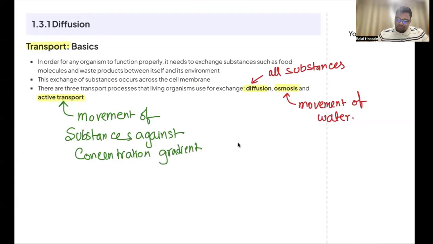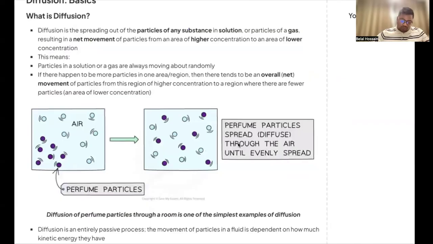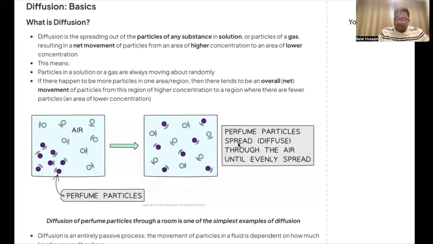Okay. So let's go through them one by one. First of all, you are looking at the particular thing. What is diffusion? Diffusion is a spreading out of particles of any substance in solution or gas, resulting in a net movement of particles from an area of high concentration to an area of low concentration.